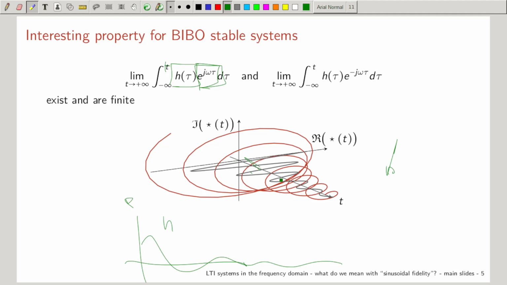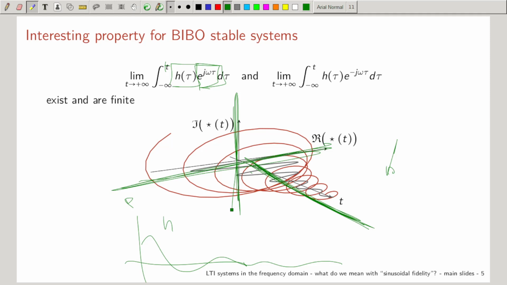And if I do the integral over t, it's going to be the integral of the real part plus j times the integral of the imaginary part. The two components are going to be finite. Are we together on this?